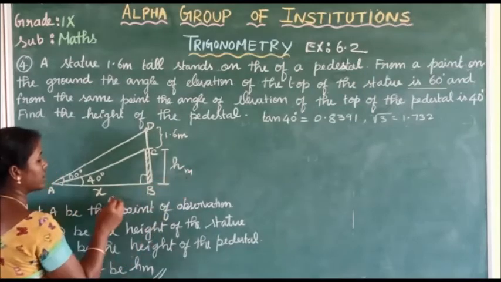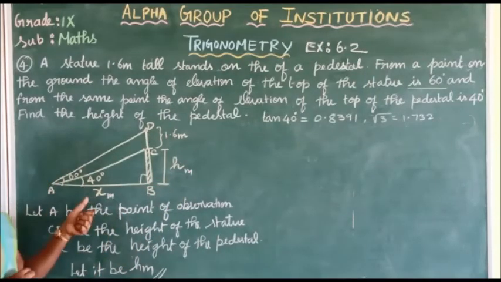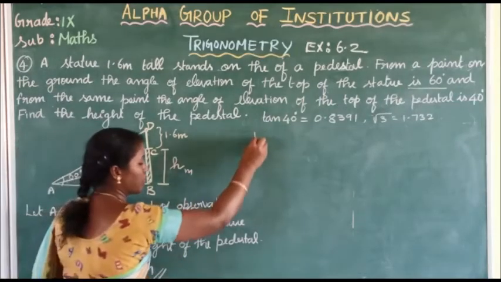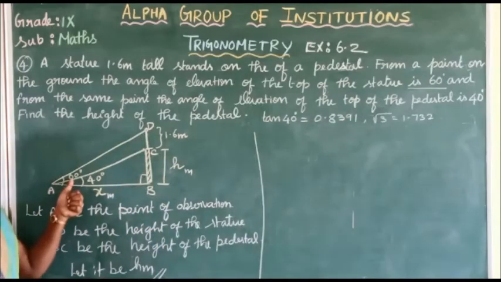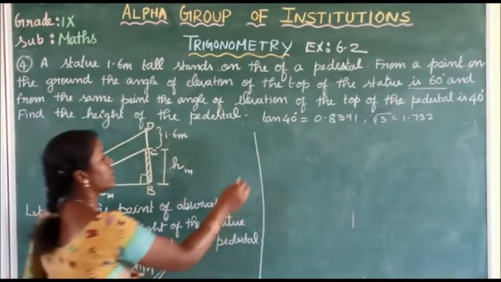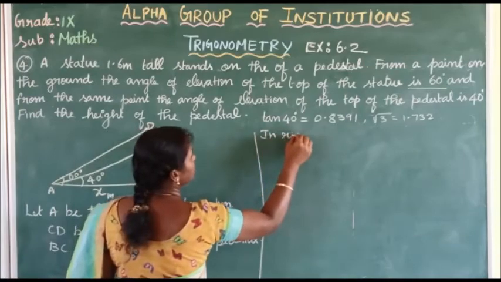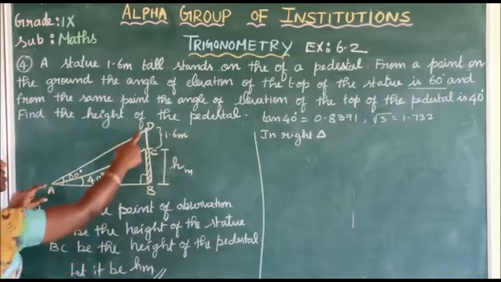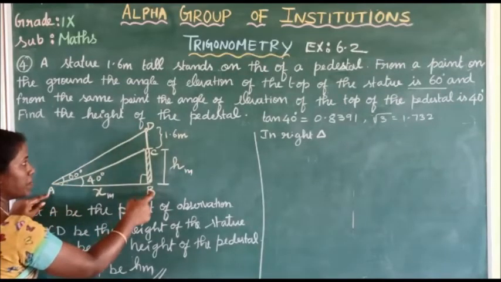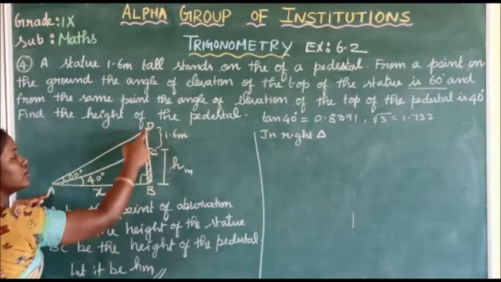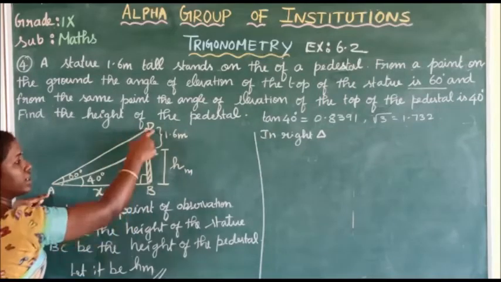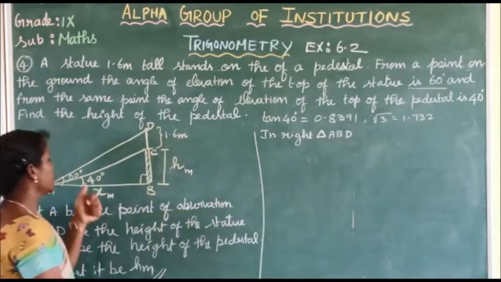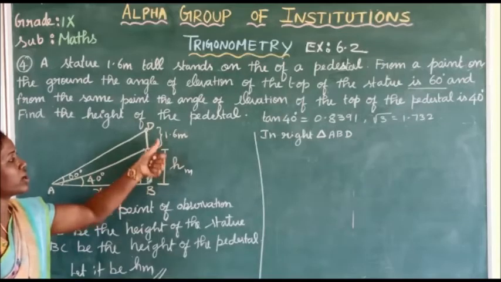Okay, so how to find it? See, two triangles are there. One is based on 40 degree, the other one is based on 60 degree. So let us start solving the problem. First, let us take the triangle for 60 degree. 60 degree covers the full triangle A, B, D. So in right triangle A, B, D, what is the ratio?